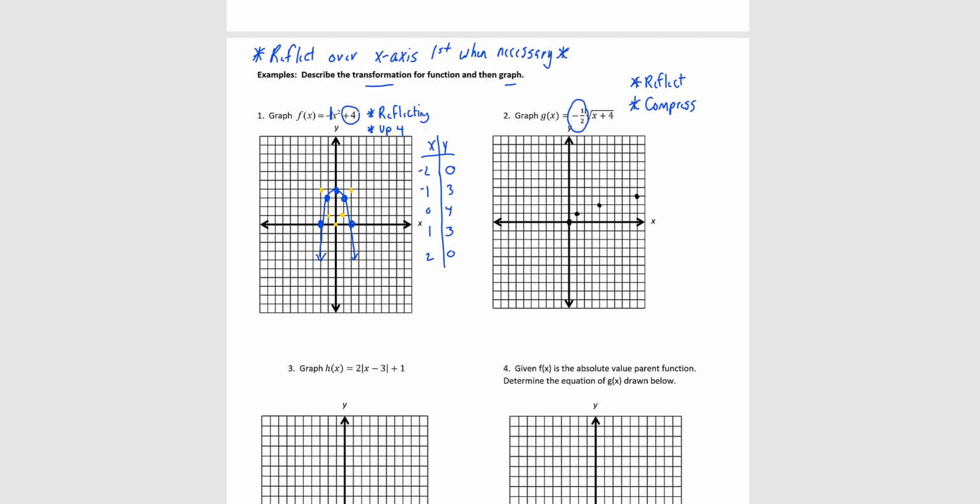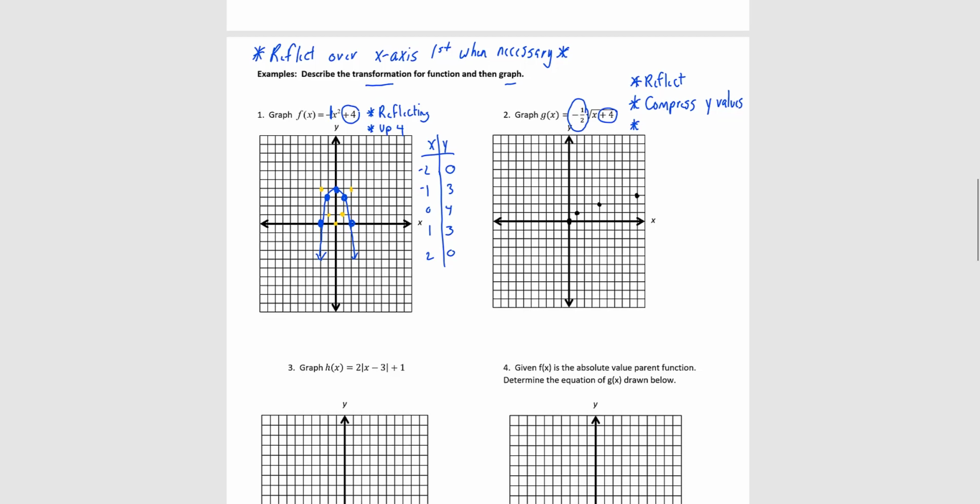And really, when we say by 1/2, we're compressing the y values. The y values are going to be the ones that are ultimately affected. And then finally, you have a +4 on the inside of that square root. So since it's on the inside, we have to go left 4 units, where that's the tricky one.